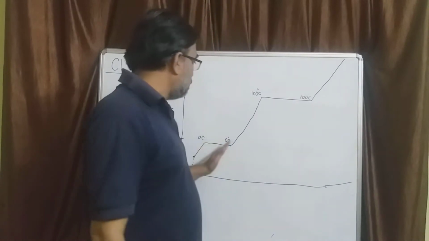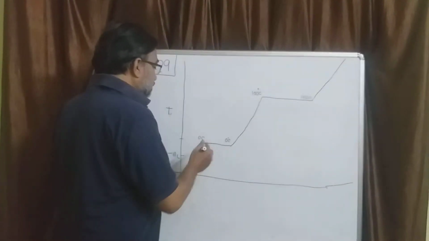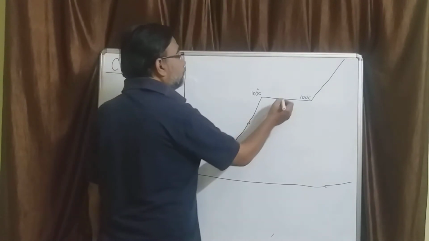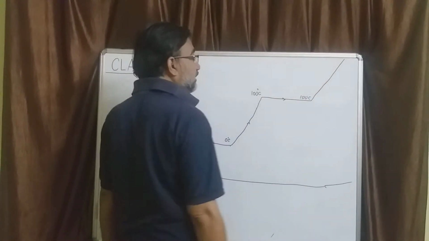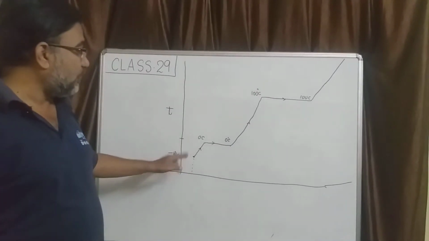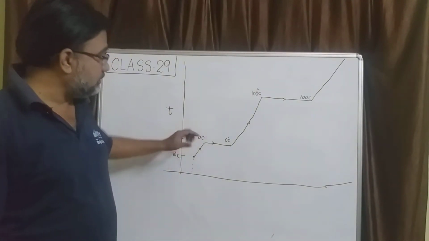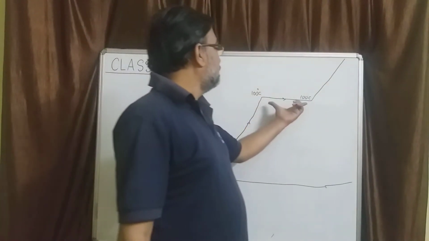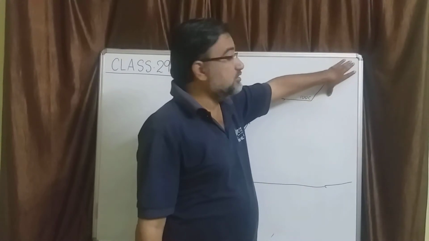So this is how the journey takes place from minus 10 degree centigrade to a temperature higher than 100 degree centigrade. In this journey you will find this is sensible heat, this is latent heat, this is sensible heat, this is latent heat, this is sensible heat.